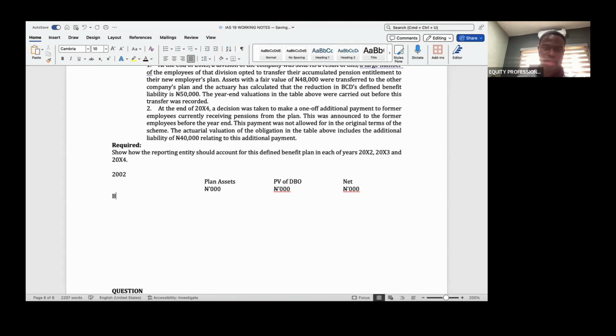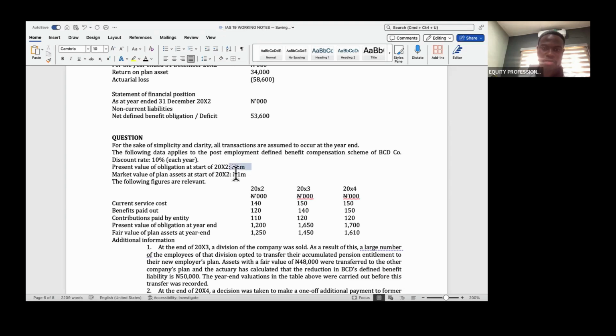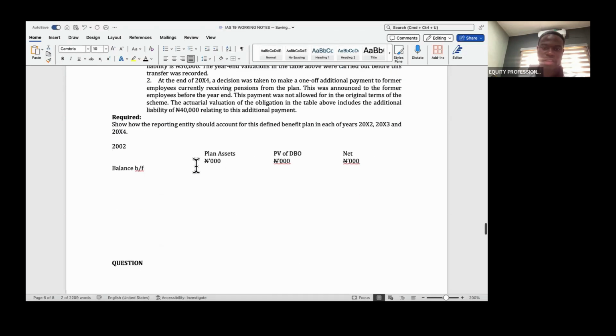Okay, the balance at the beginning: the examiner gave me 1 million for obligation, 1 million for asset. So I'll write the 1 million this way and the 1 million this way.